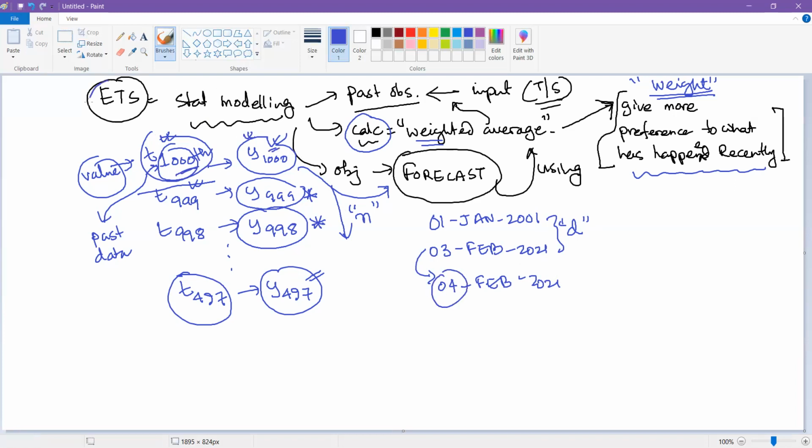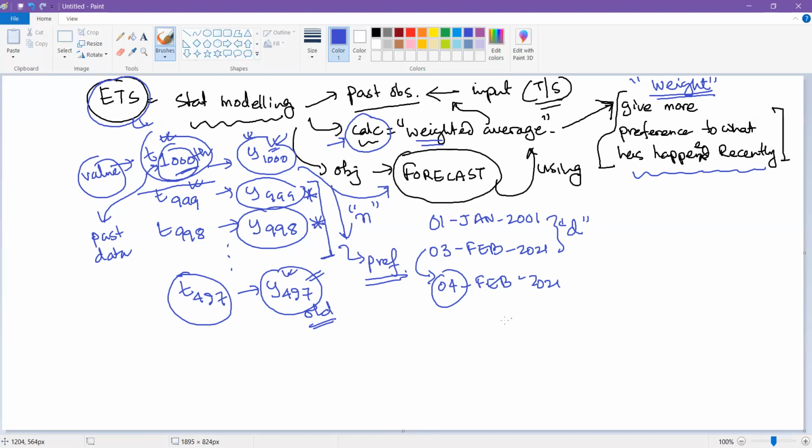If I do ETS or exponential smoothing of a time series, by this calculation of weighted averages, more preference will be given to the latest values as opposed to the old values, because y497 is a very old value.